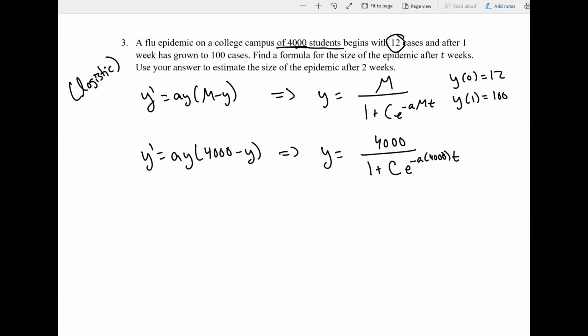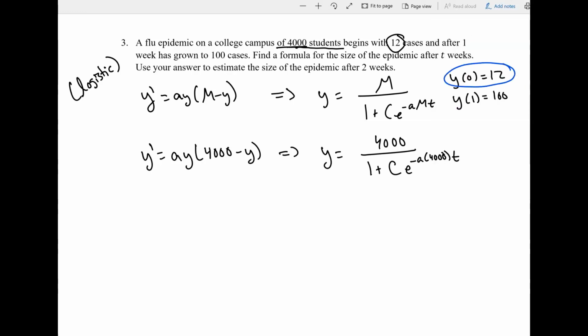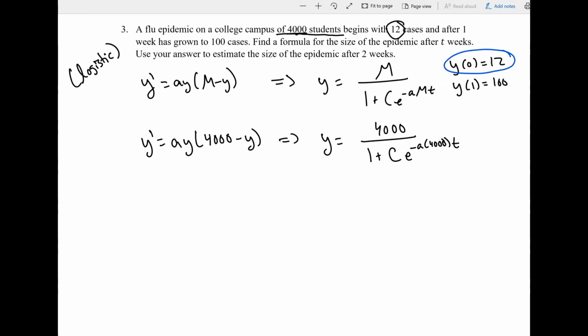Now we should figure out the value of a. I think the easiest one to plug in is our first initial condition, y of 0 equals 12. So y of 0 equals 4,000 divided by 1 plus c e to the negative a 4,000 times 0, because we're plugging in 0.